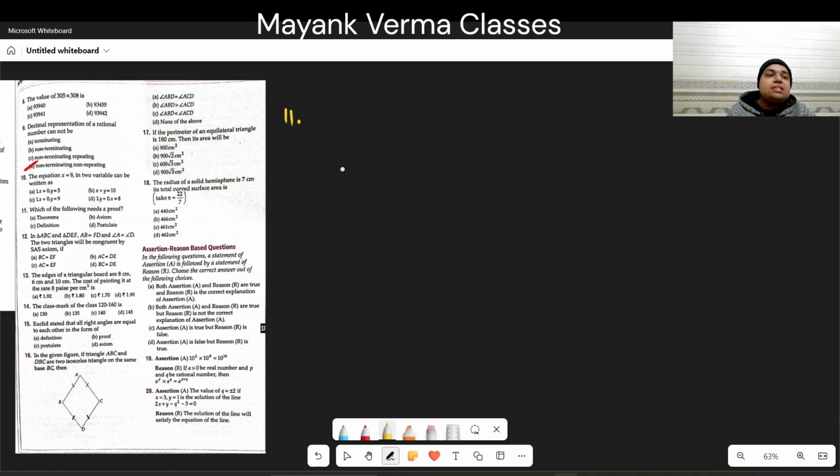11th question says which of the following needs a proof? So always remember this thing, that when we need to prove something, which thing do we follow? We follow theorems, we need to prove them.